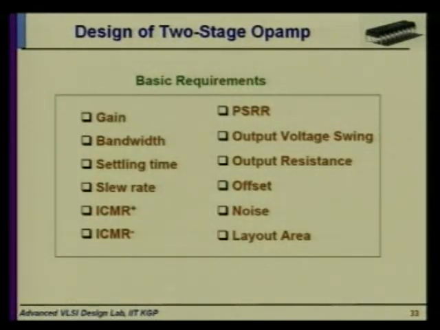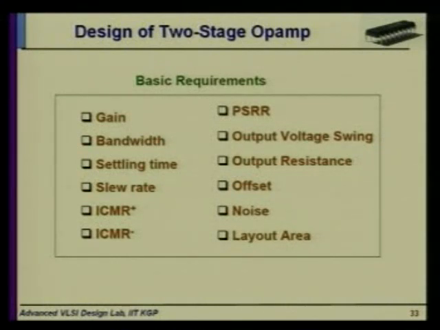Now these are the basic requirements which a designer should know after the design is completed. They are gain, bandwidth, settling time, slew rate, common mode range, power supply rejection ratio, output voltage swing, output resistance, offset, noise and layout area.